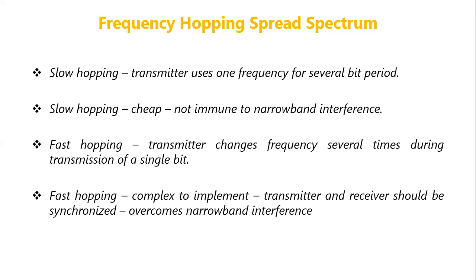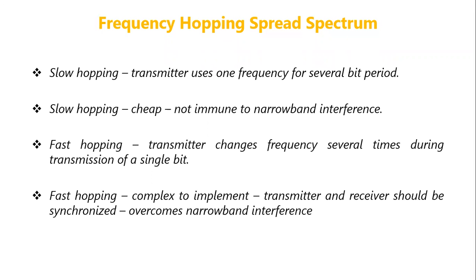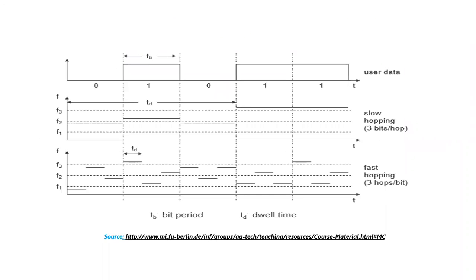With fast hopping, the transmitter will change the frequency frequently. Fast hopping is complex to implement because the transmitter and the receiver should be synchronized, but it overcomes the problem of narrowband interference. Whereas slow hopping is cheap, but it is not immune to narrowband interference.